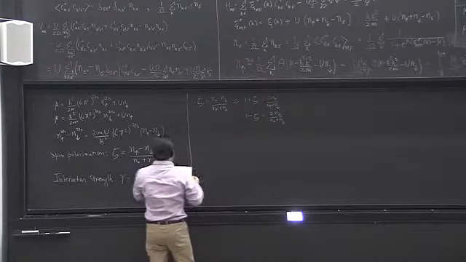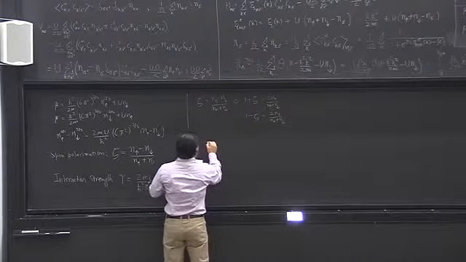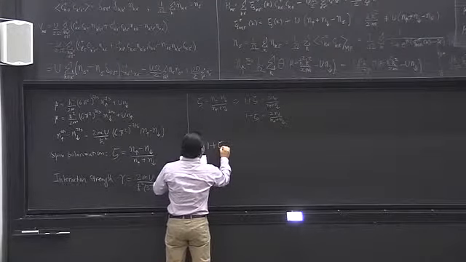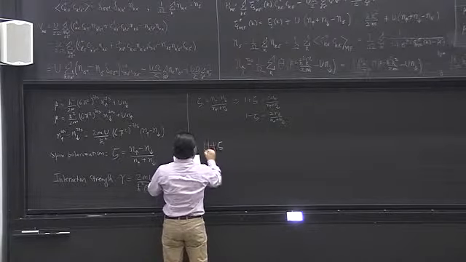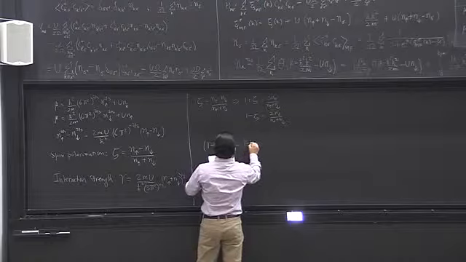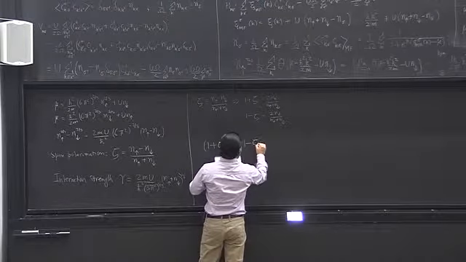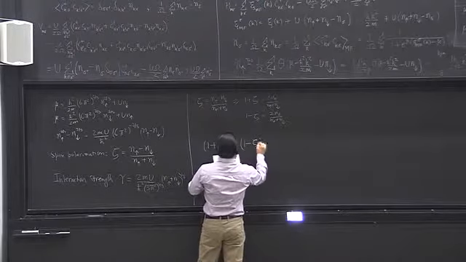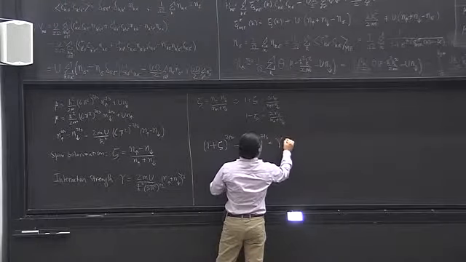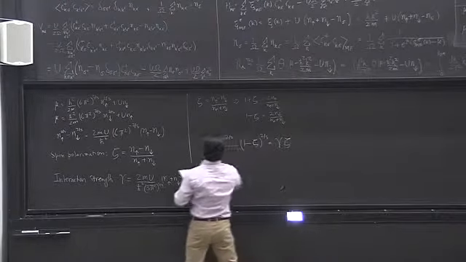And putting all this back, you can eventually show, after a few steps of algebra, that 1 plus zeta to the power 2 by 3 minus 1 minus zeta to the power 2 by 3 is gamma times zeta.